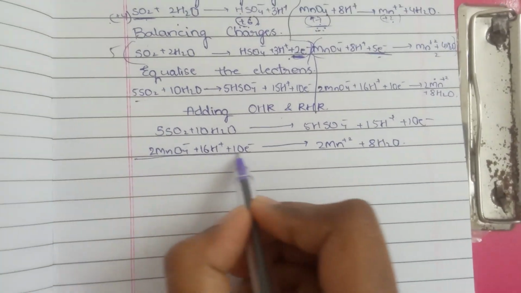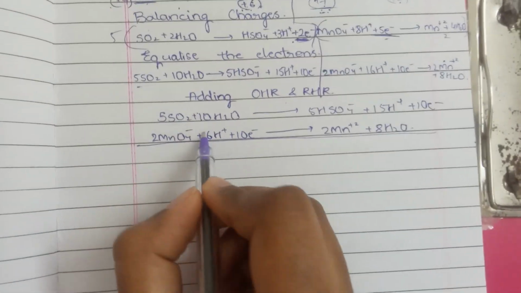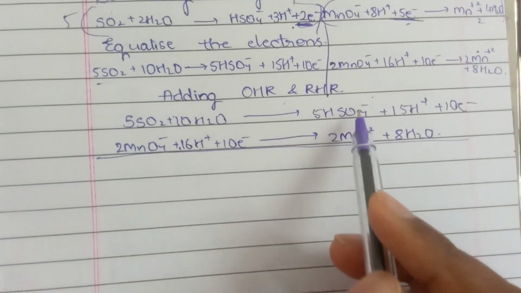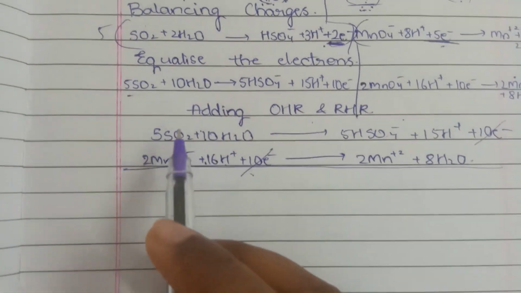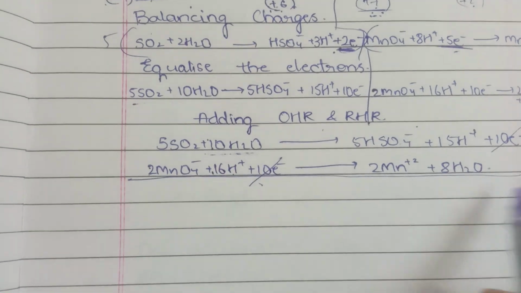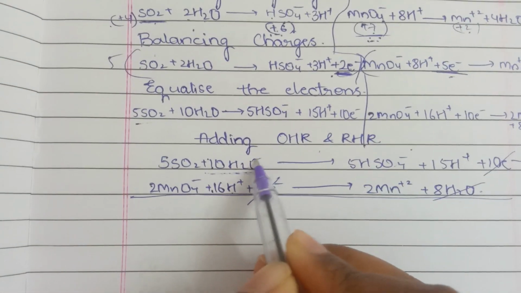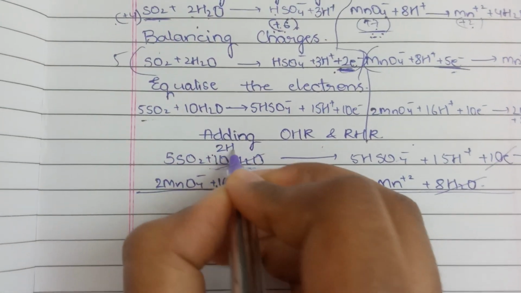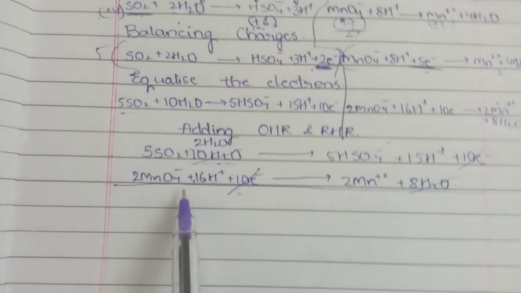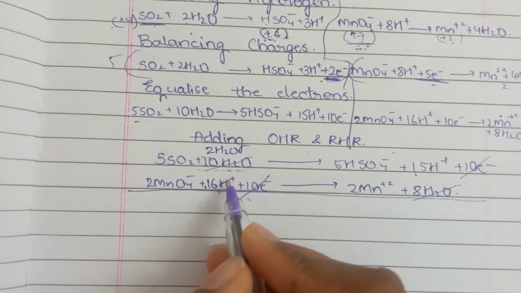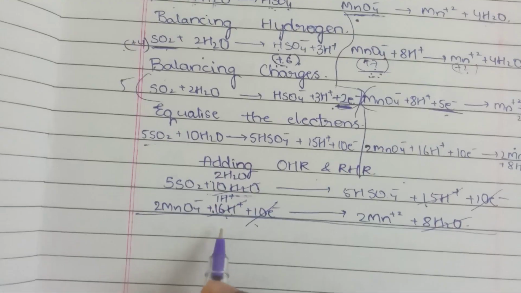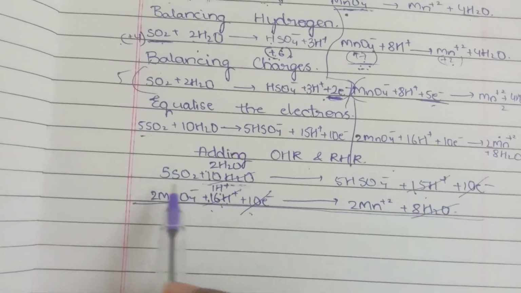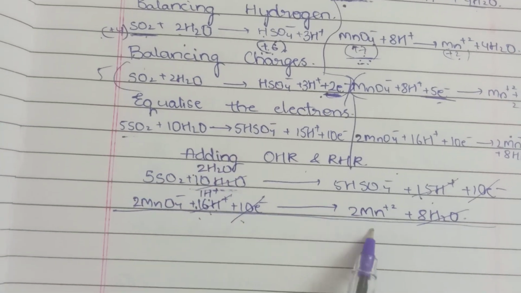Now here you see, same side we will add, but since these two are on opposite sides, we'll subtract. So 10 minus 10 electrons cancel. Here we have 10 H2O and 8 H2O, so 10 minus 8, 2 H2O will be remaining here. Here 15 H+ and 16 H+, so 1 H+ will be remaining. 16 minus 15 is 1. And I don't think we can cancel anything else.